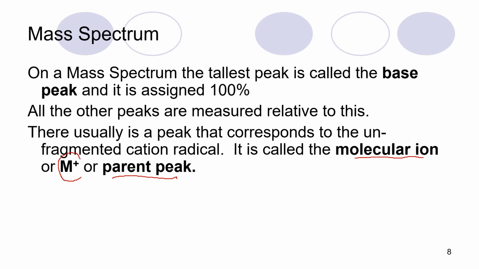It's usually given the symbol M+. The base peak is the tallest peak, so it doesn't necessarily have to be the molecular ion, but sometimes it can be. And then we have the parent peak, which is the heaviest peak, the one where nothing has been broken off, and it's the molecular weight of the compound.